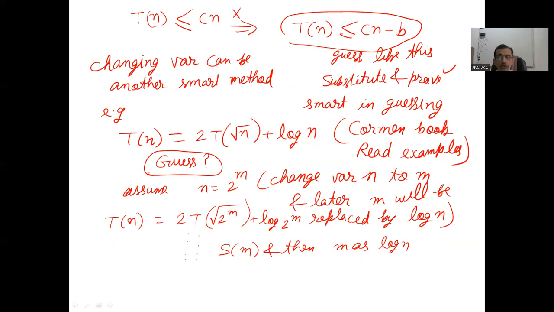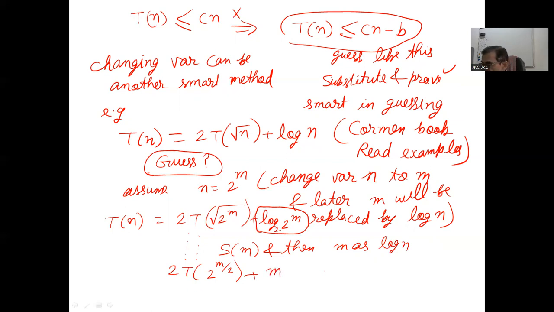So how to do that? You can easily see that I have got this. Effectively, I can write this as 2 raised to m by 2, with the square root of that being taken. Plus log base 2 of 2 raised to m, which effectively means m.